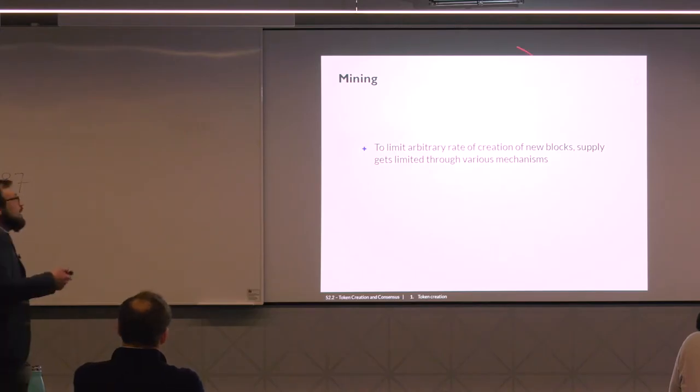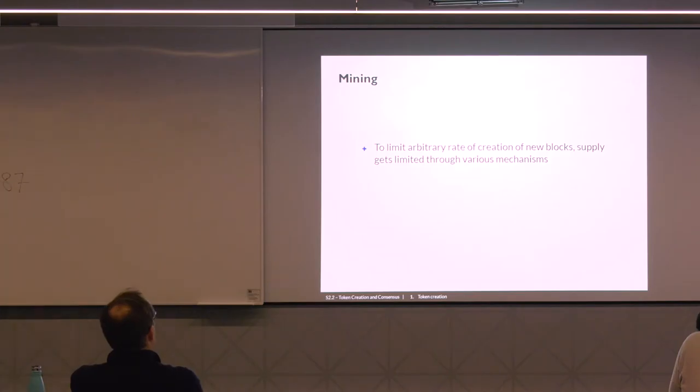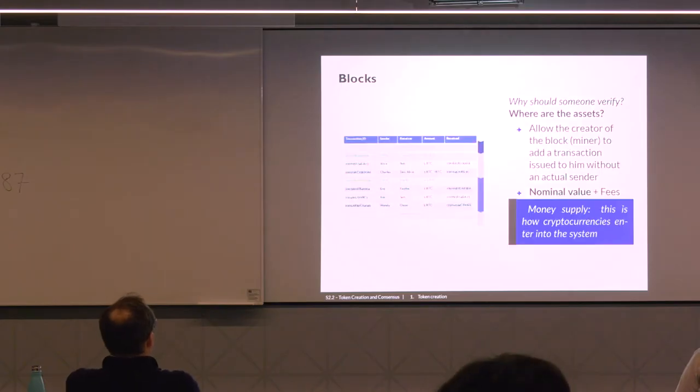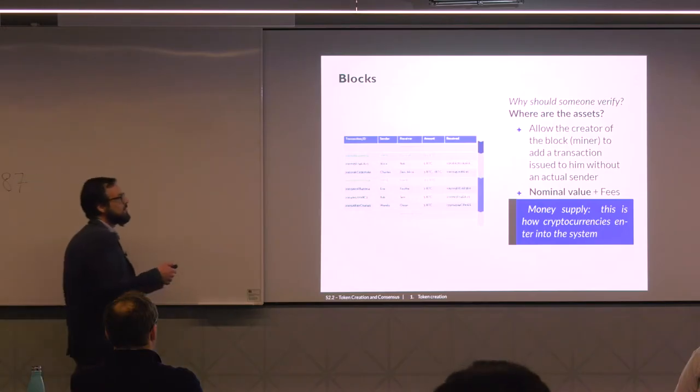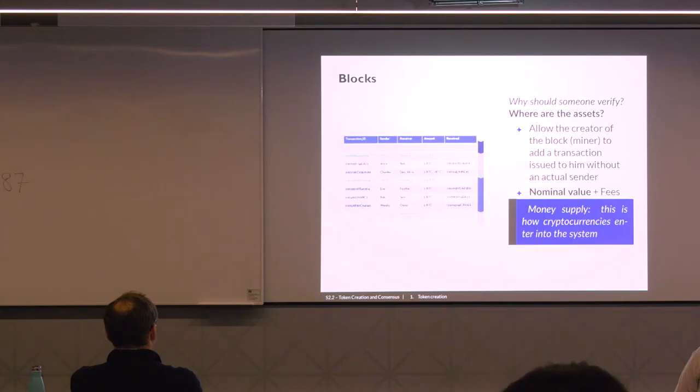So, then we go to the next step, which is what is mining in these kind of systems. Because however computationally expensive may be the process of verifying the transactions, computers get faster, and whatever was computationally costly in 2010 is not going to be as costly now, nor is it going to continue to be costly in the future.